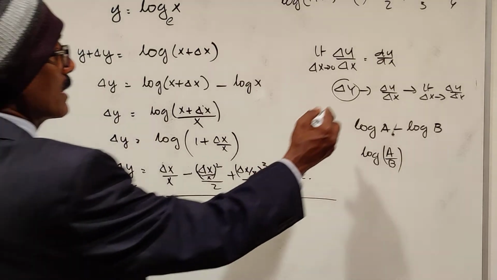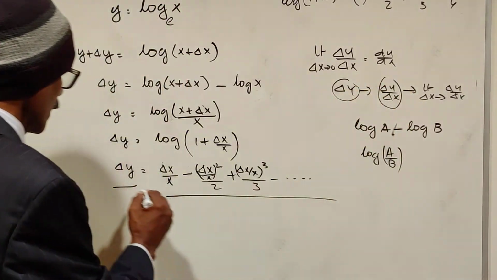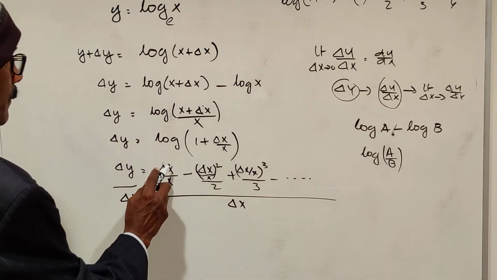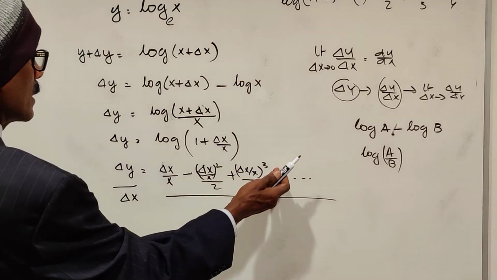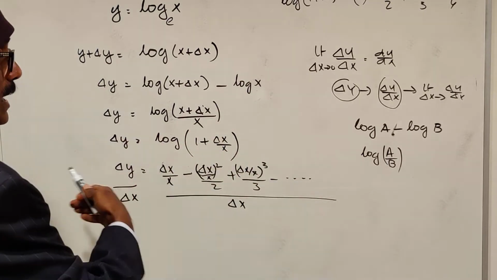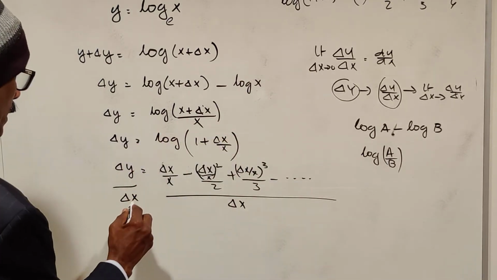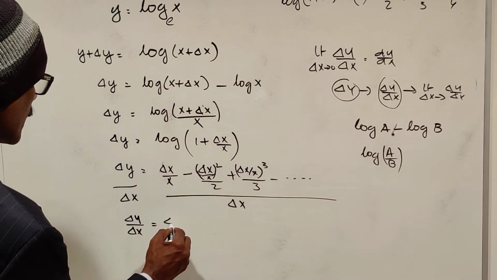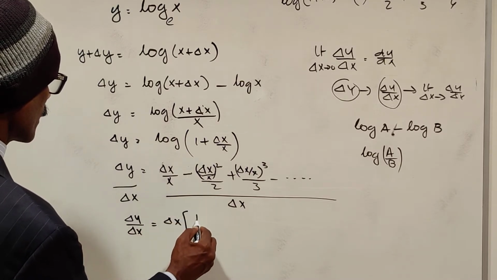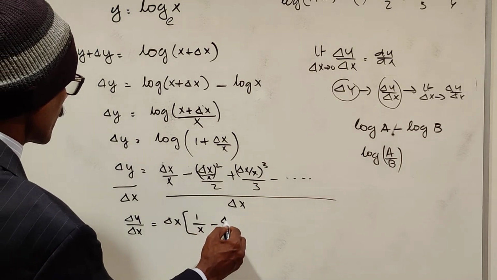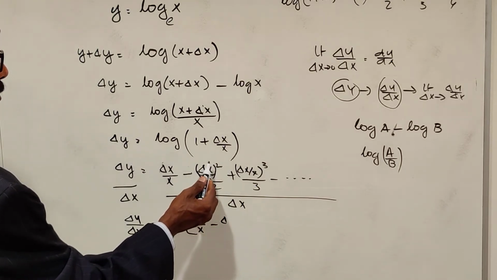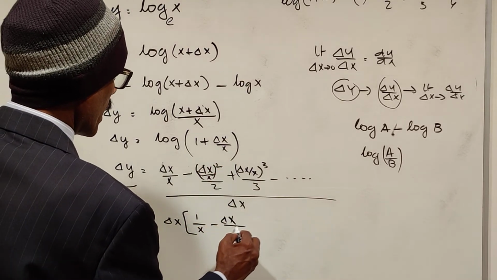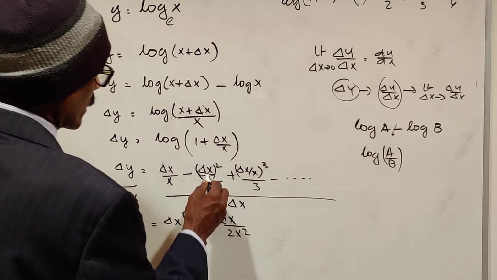Then what we need to find? Delta y by delta x, dividing throughout by delta x. Delta x, you need to take outside as a common factor. Delta y by delta x equals delta x times 1 by x minus delta x by 2x square. When you take out delta x from delta x square, what is left over is delta x by 2 x square.